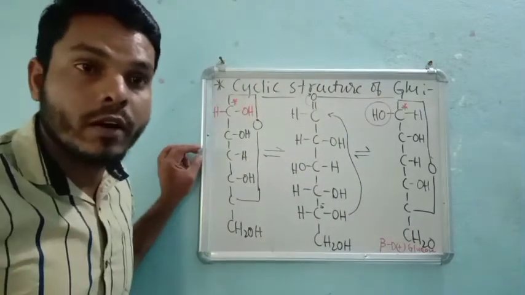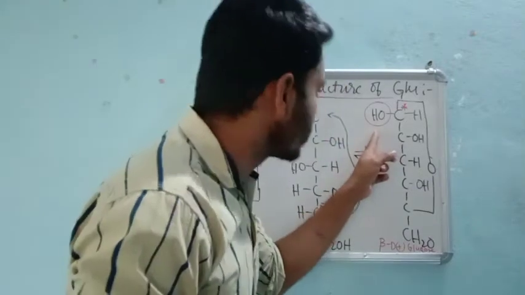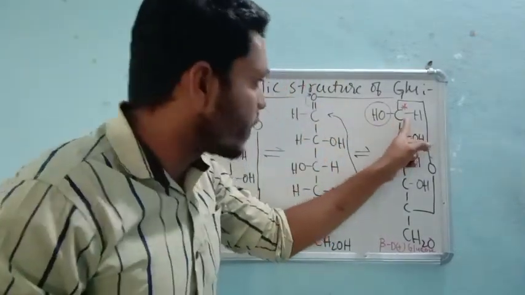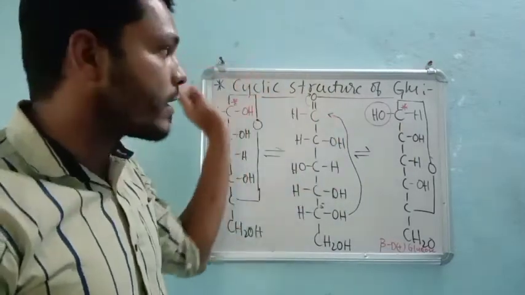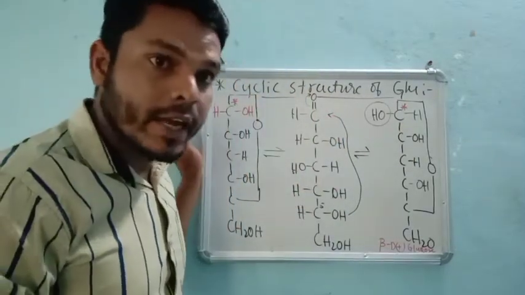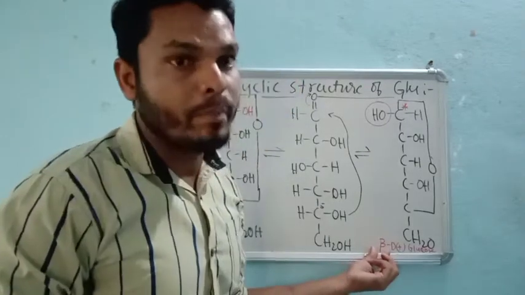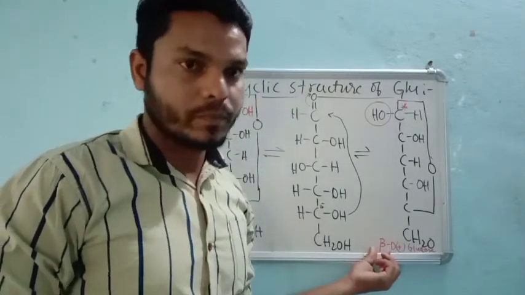Based on what? Based on simply the OH group. In the first carbon atom, the OH group is present at the left hand side, so that's why we say this is beta D plus glucose, correct?